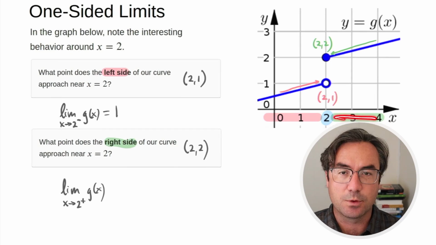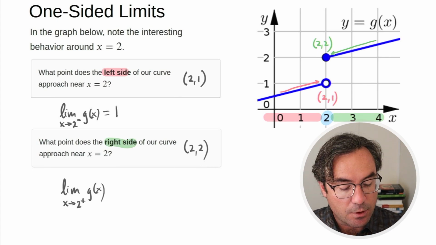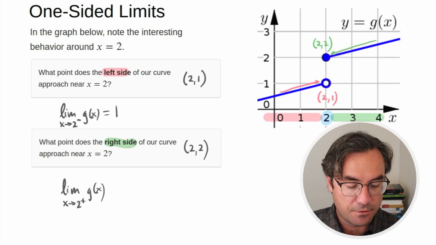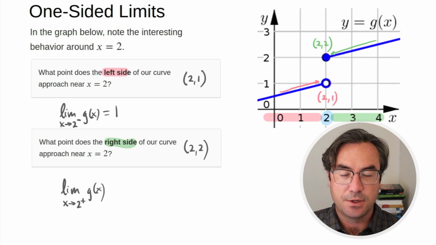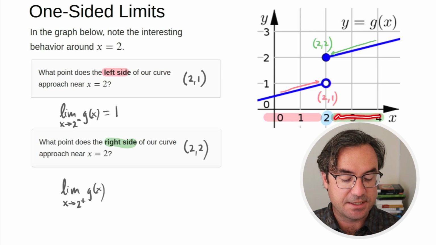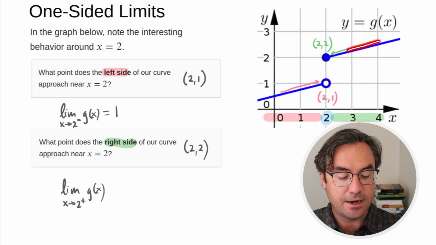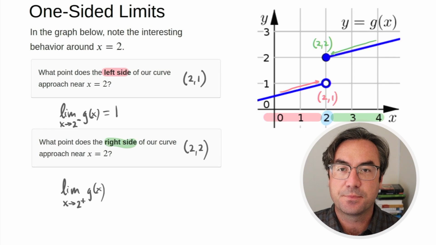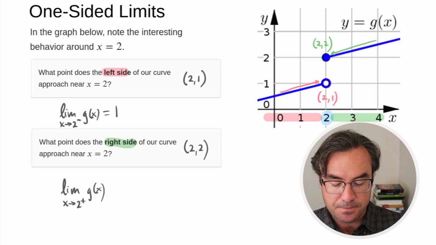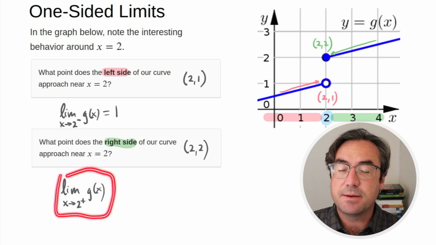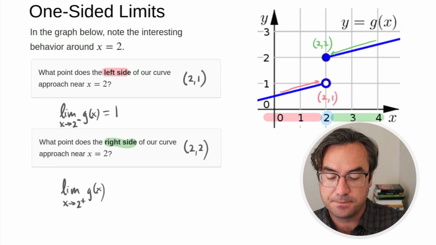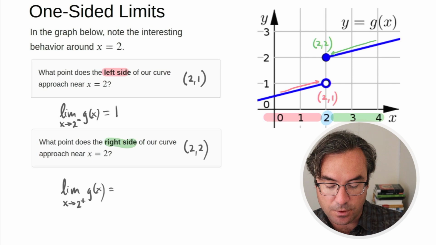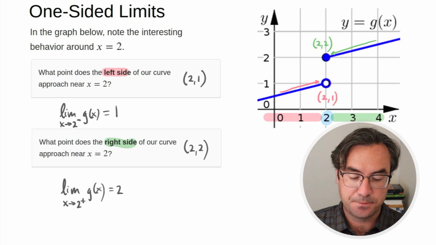So for the right-hand limit, we're looking at x values that are over here, and we're watching what happens as we move along our curve as these x values get closer and closer to 2. As these x's get closer and closer to 2, we're taking our steps along the curve. Again, the value of this limit is the y-coordinate for whatever point we're approaching. In this case, the y-coordinate there is 2.